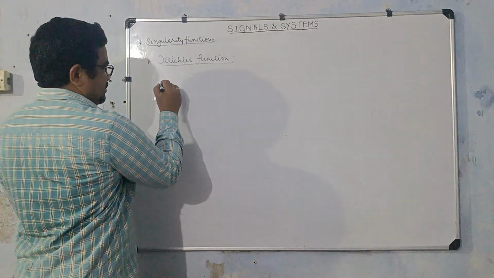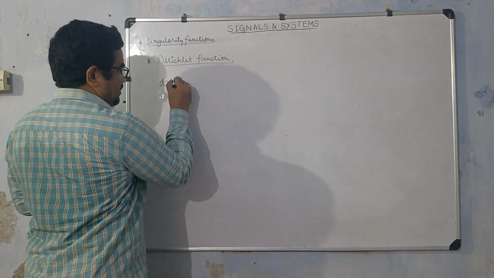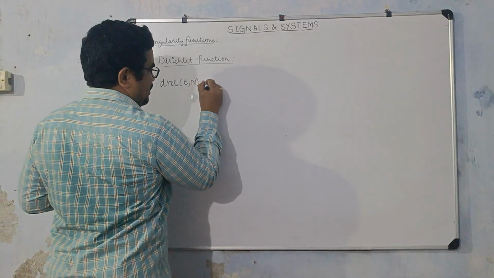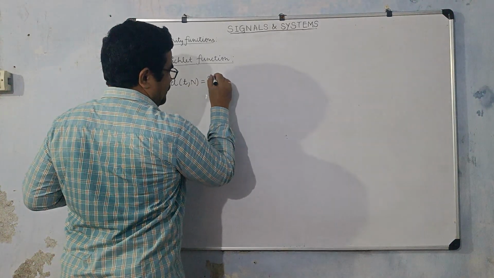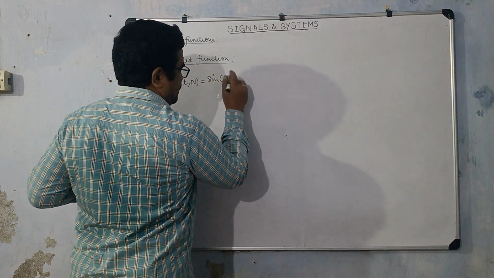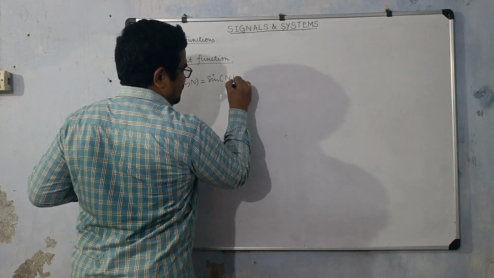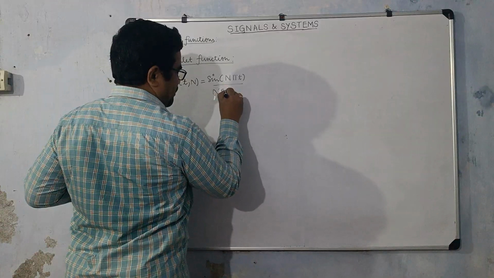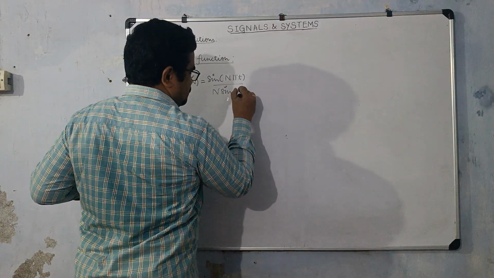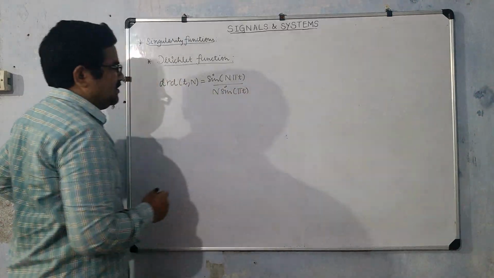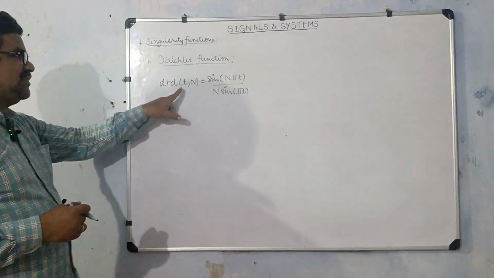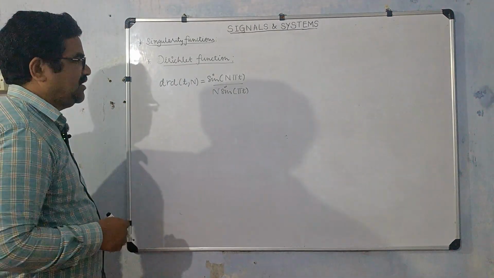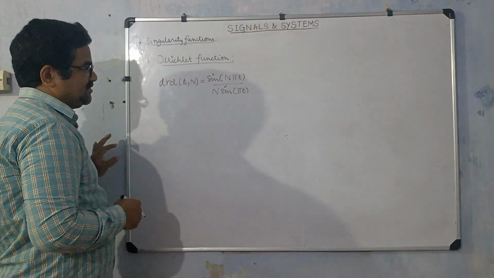The Dirichlet function, represented as drcl of t comma n, is given by sin of n pi t divided by n into sin pi t. So drcl of t comma n is equal to sin n pi t by n sin pi t. This is called the Dirichlet function.